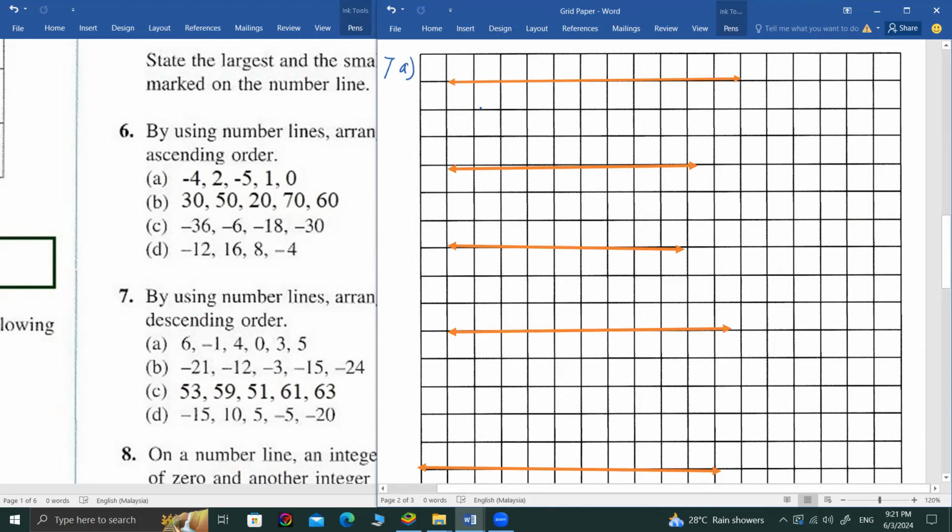Check whether you can get the answer or not.